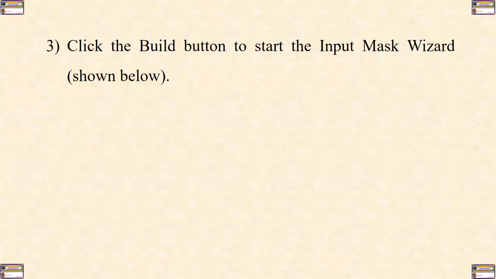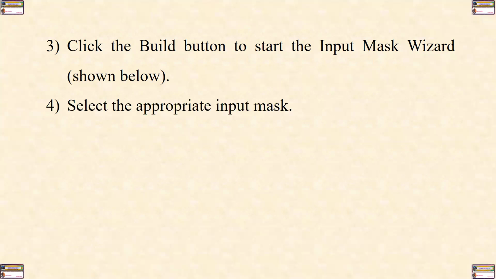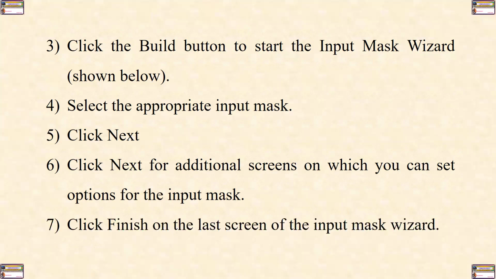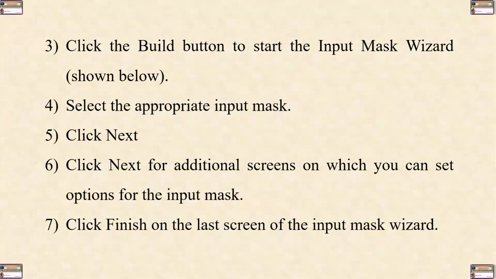You click on the build button to start the input mask wizard, as we are going to see. From there, you select the appropriate input mask and you click on next. For additional screens on which you can set options for the input masks, you click again on next. Finally, you click on finish on the last screen of the input mask wizard.